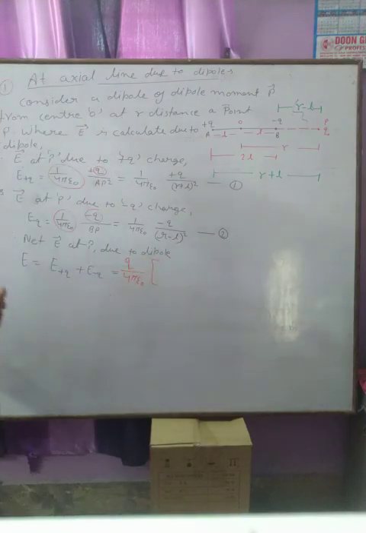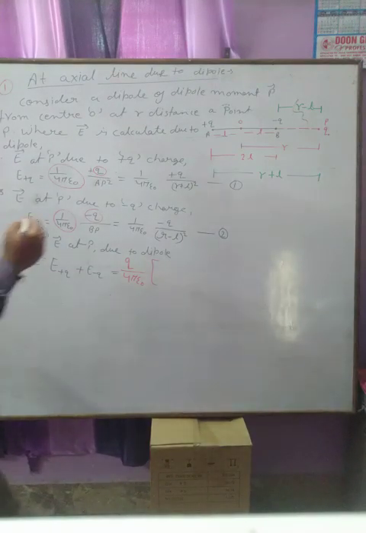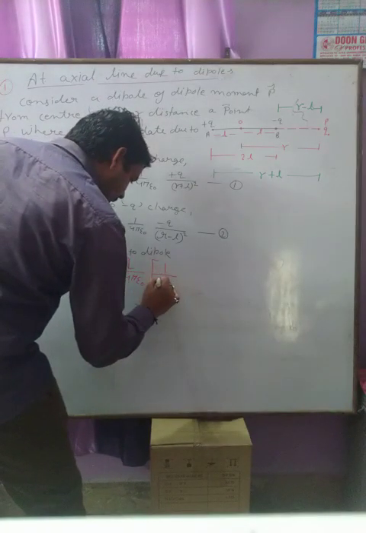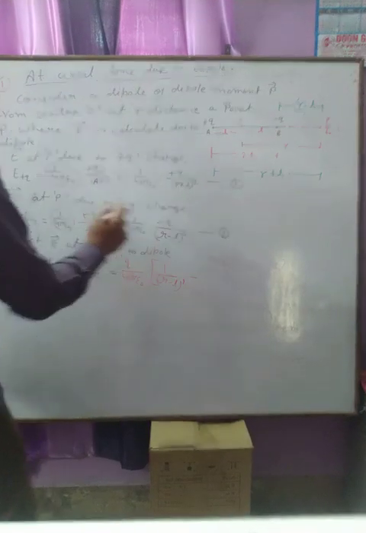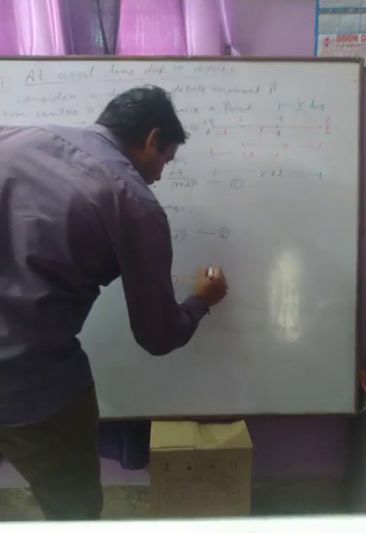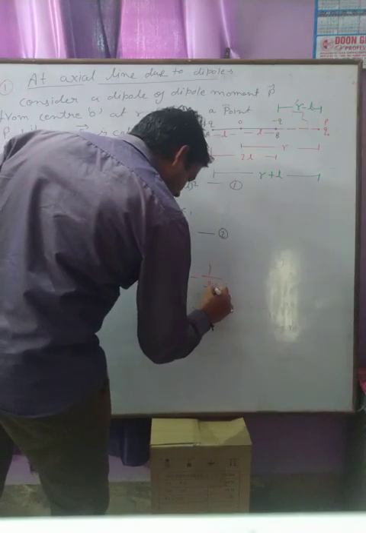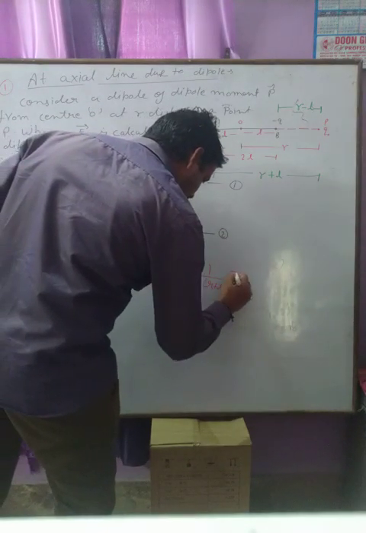In the bracket we get 1 upon (R minus L) whole square minus 1 upon (R plus L) whole square.